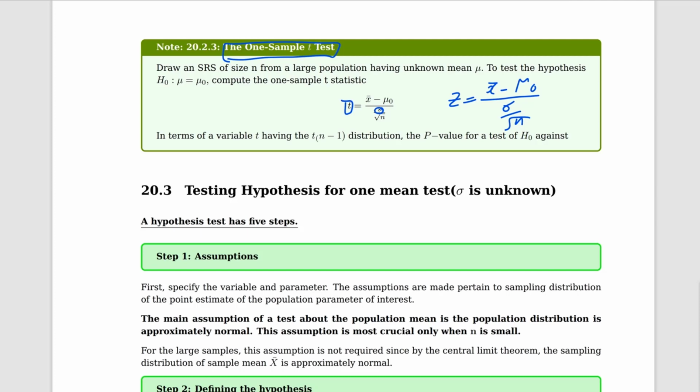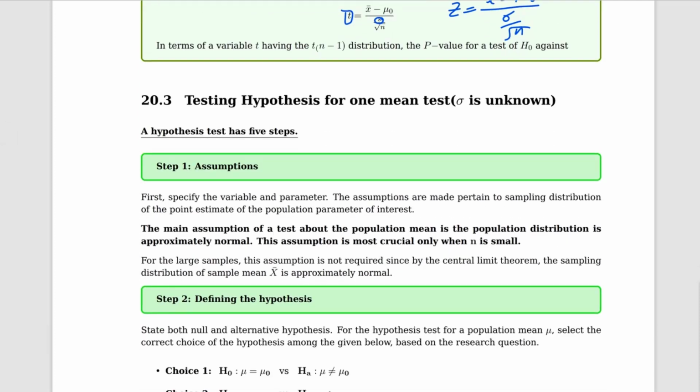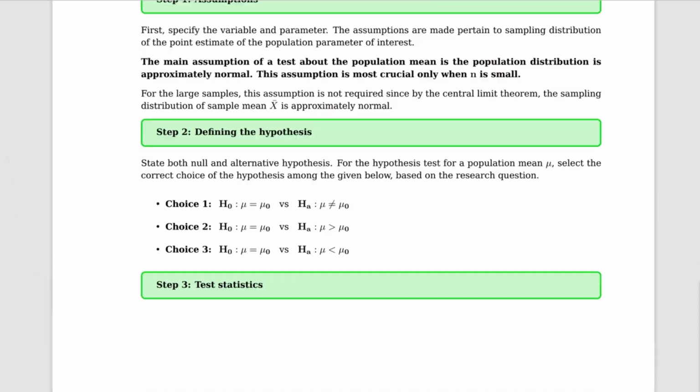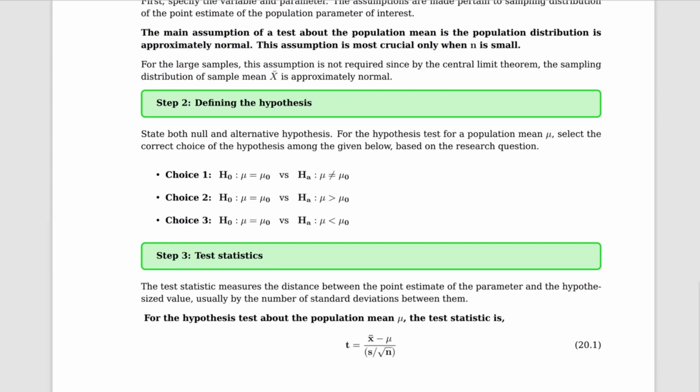So you know the steps are the same as in chapter 17. First we use the assumptions, normal distribution, and both mu and sigma are unknown, so you use the same thing. The rest, you see, is defining the hypothesis. Same hypothesis.